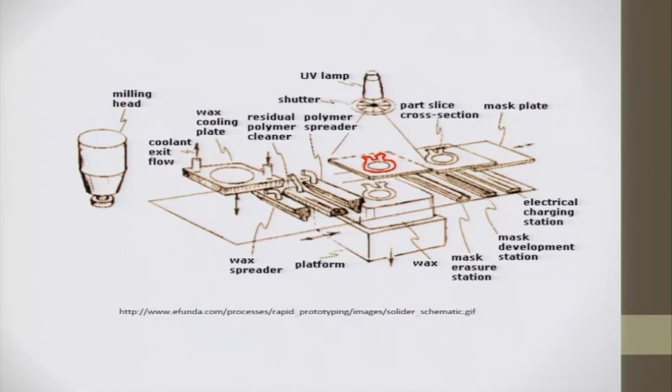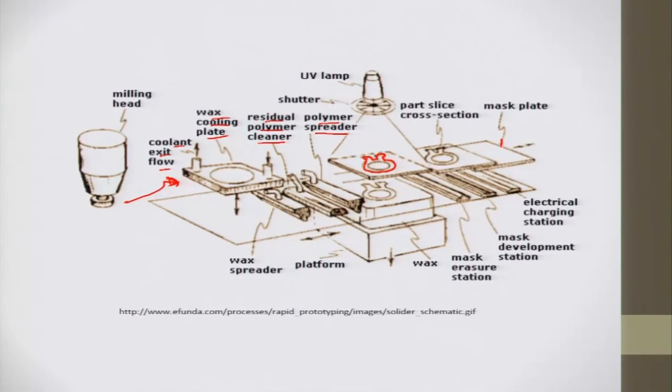So, what we have here is the UV lamp, the shutter that switches the UV light on and off, the polymer spreader here which spreads the polymer, the residual polymer cleaner, then the wax cooling plate here, the coolant exit flow, and here the milling could also be used to remove the solidified part, whichever is unwanted here.